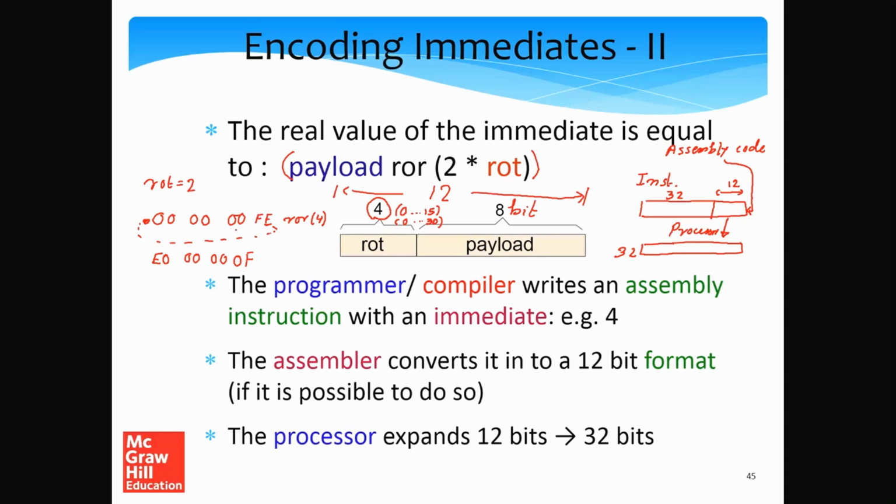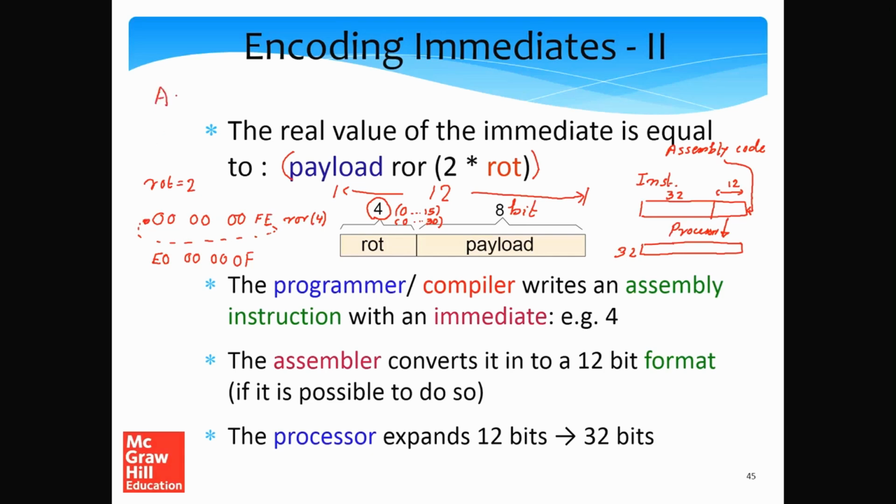So one thing that is obvious is that if I take a number and I right rotate it by 32 positions, then again the 32-bit number will become exactly the same. So you can see if one bit is right rotated by 32 positions, it will again reach its original position. The same is true for all the bits.